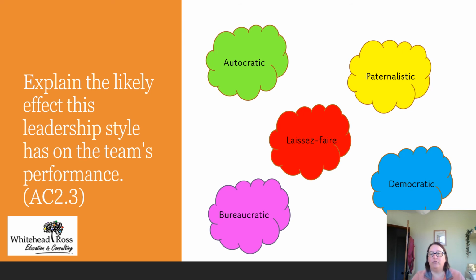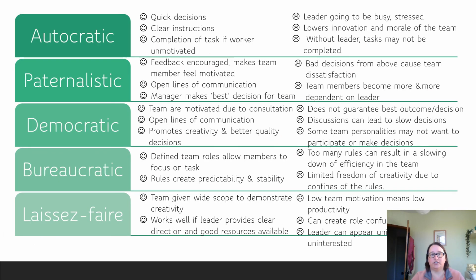Now the table on the following page, this one, gives you some ideas of the positives and negatives of each of those styles. So you can have a read through some of those, pick out the one that you identified in 2.2 and make sure then that that is linking through maybe as to why those effects on performance and effectiveness.